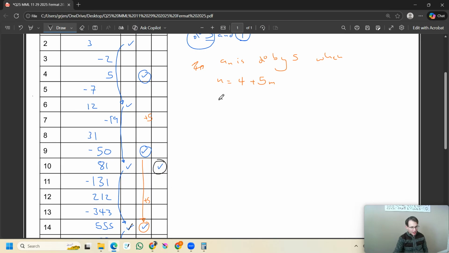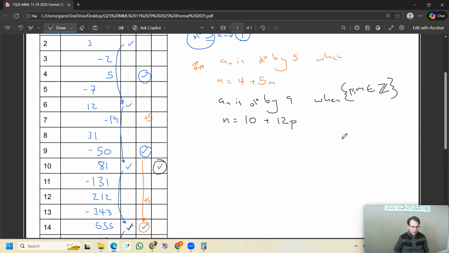So A_n is divisible by 9 when n is equal to, our first one was at 10, plus 12, and let's say not m, but we could say 12p, okay, where m and p are integers.